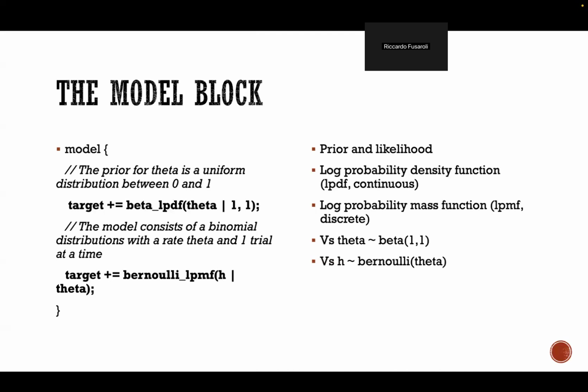If you remember from your high school algebra, if we turn things into a log scale, a multiplication is a plus, an addition, which means that we can work with arbitrarily small probabilities and sum them up without bumping against the limit of the computer. And the target plus equal is making very explicit that at any given sample, it's calculating its log posterior probability given all the target plus that there are in the model.